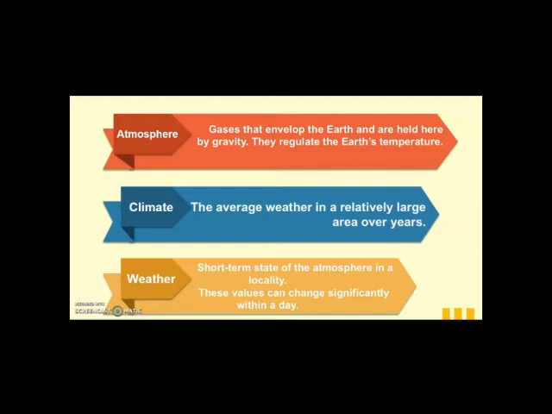So basically the difference between the climate and weather is that the climate involves a large geographical area, while the weather is a short-term state of the atmosphere in a local or small area. The second difference is that the climate changes over many years, so it changes over a long duration, while the weather changes may occur many times within a day.